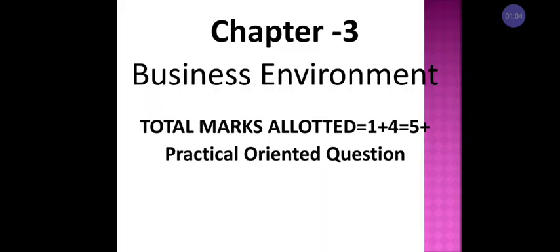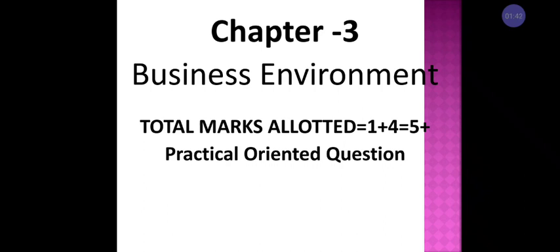Before learning the meaning and features of business environment, we should know the weightage, or the marks we can expect for the final examination. If it is 100% syllabus, the weightage is totally 5 marks. That is, 1 mark question 1 we can expect in section A, and a 4 marks question we can expect in section C. Totally 5 marks, plus a practical oriented question we can expect in section E, that is for 5 marks.